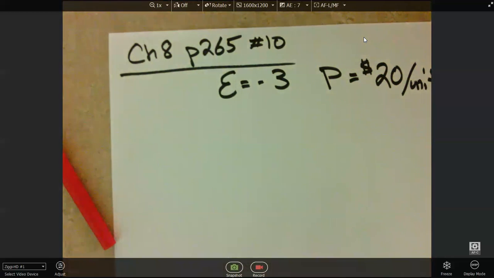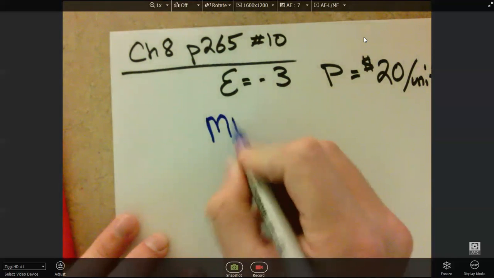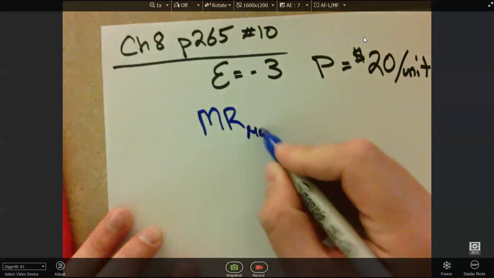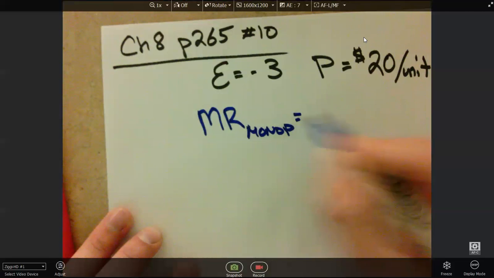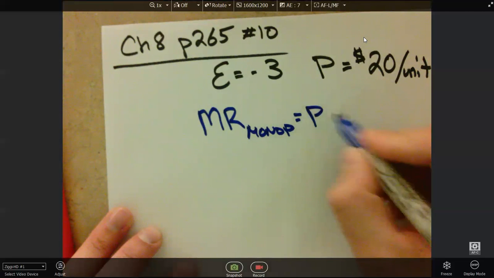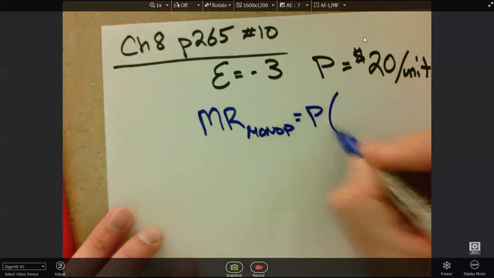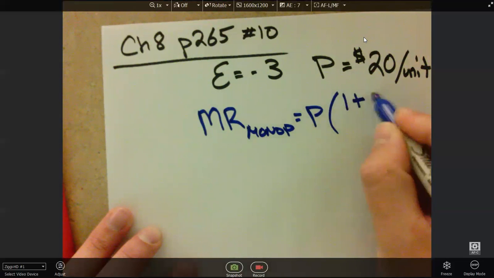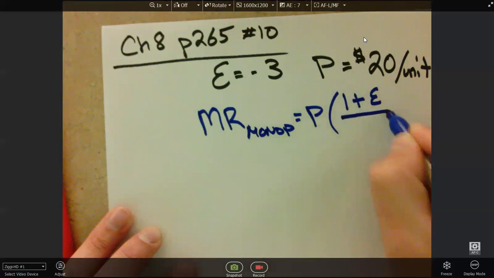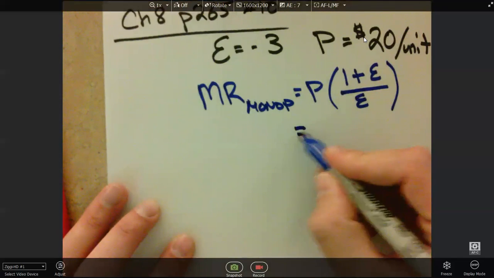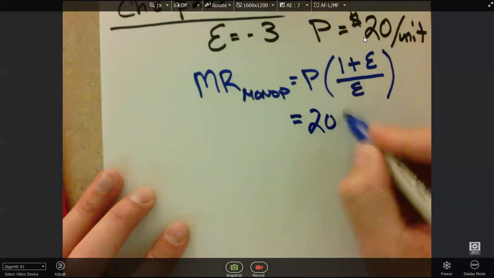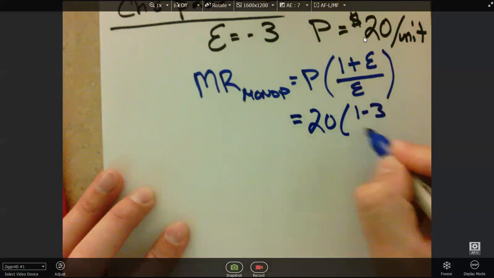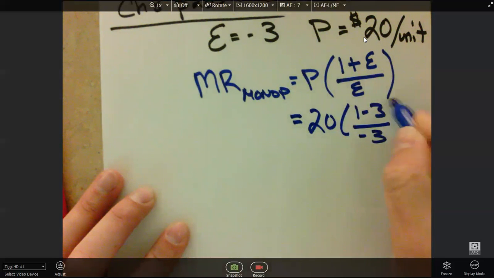Okay, so we have that formula. The marginal revenue of a monopolist is equal to the price times 1 plus the elasticity divided by the elasticity. So this is going to be 20 times (1 minus 3) over -3.